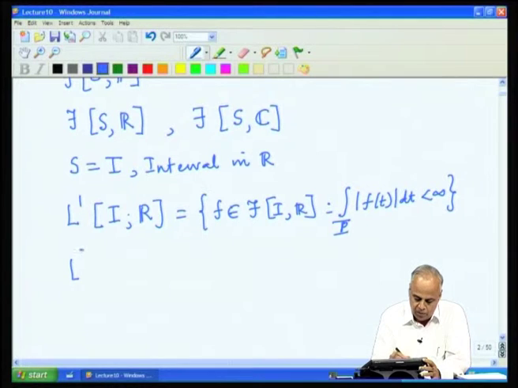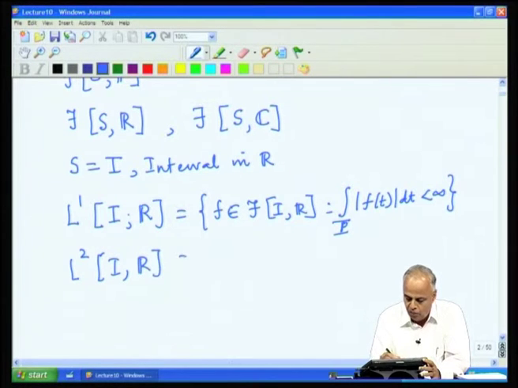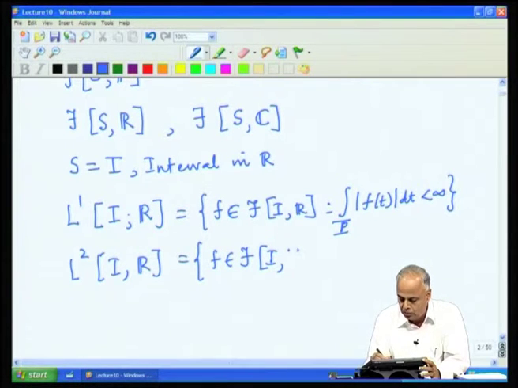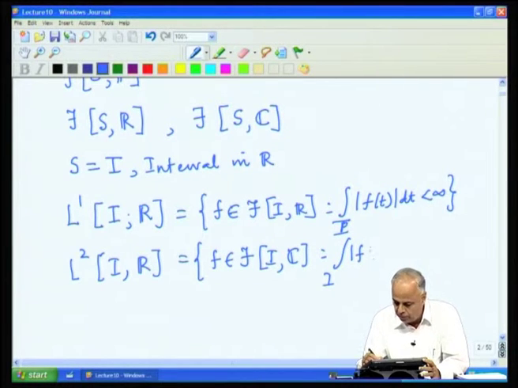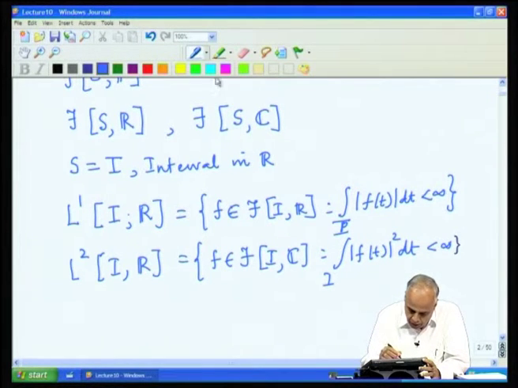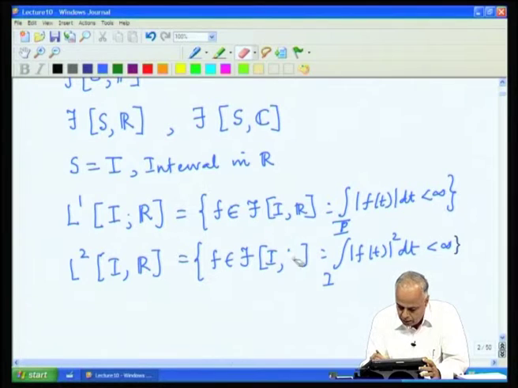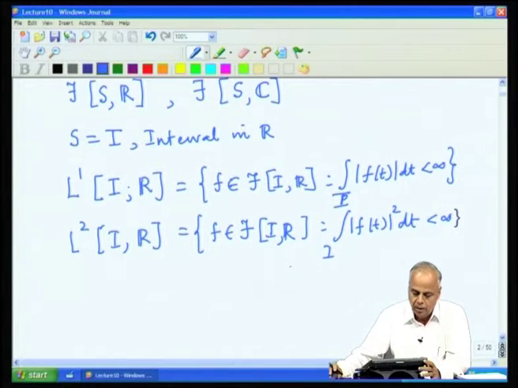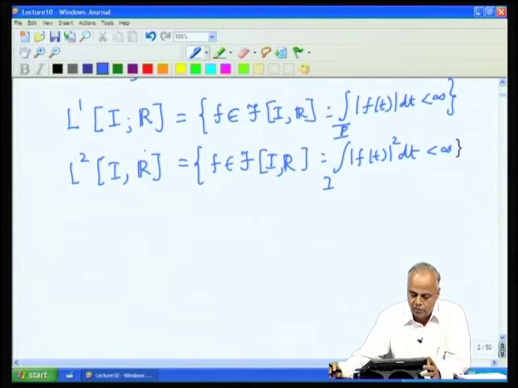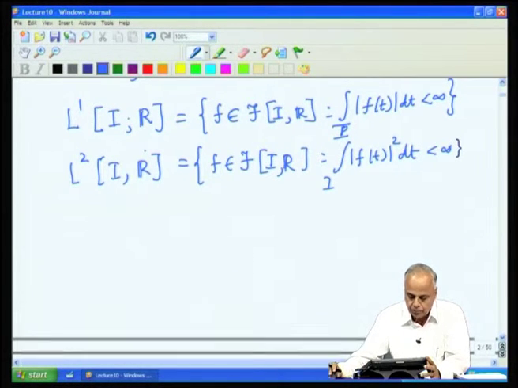And similarly, we looked at L2(I, R) of all functions f from the interval I to C, such that the integral of |f(t)|^2 dt is finite. This should read R. We are looking at real valued functions. Similarly, in place of R, if we take C, we get complex valued functions in L1, complex valued functions forming L2.